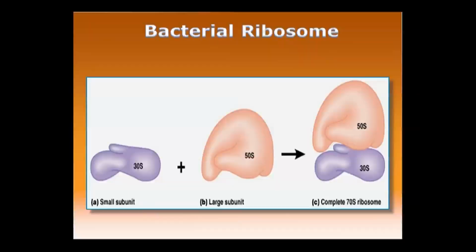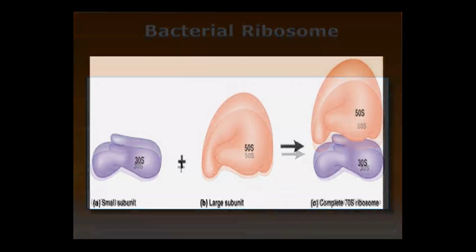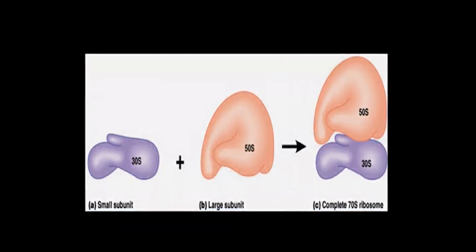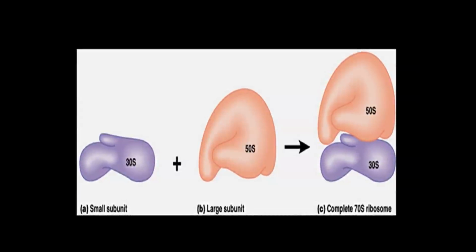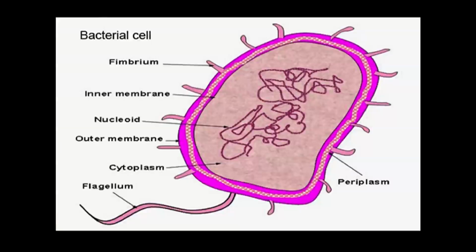According to the centrifugation unit, it is 70S. It is made mainly by ribosomal rRNA. Two-thirds of the bacterial ribosome is ribosomal rRNA, but one-third is made by protein. Bacterial ribosome is needed for protein translation from mRNA.